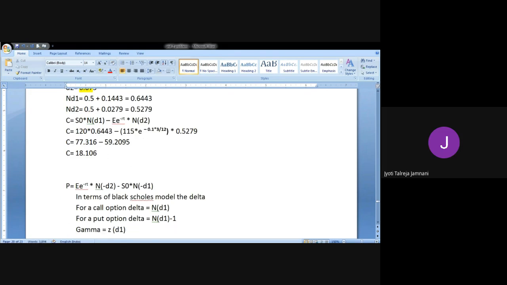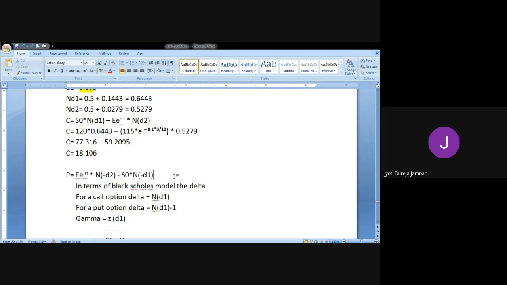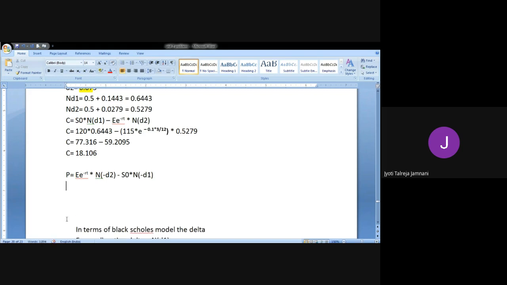Now to solve for put option, we need N of minus D1 and N of minus D2. So N(minus D1) is nothing but 0.5 minus, we have to see the D1 value and minus it. So it is 0.1443. 0.5 minus 0.1443, we get 0.3557.